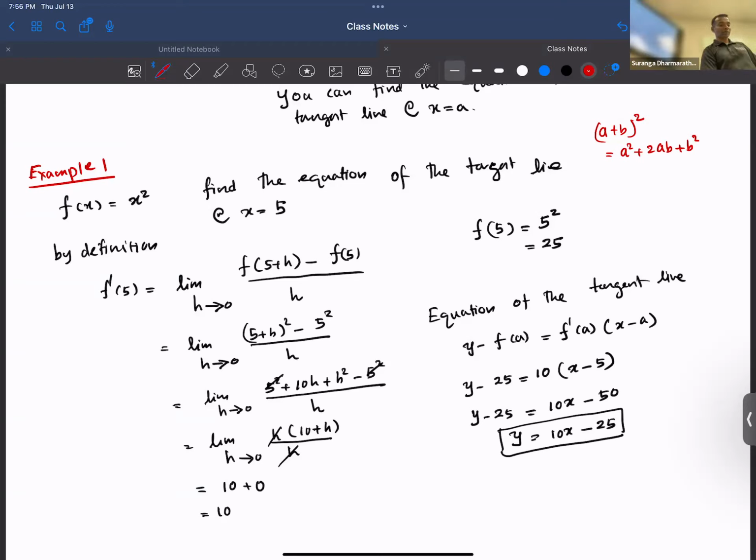So if you do 5 plus h times 5 plus h, you get 5 squared, plus 2 times 5h, that is 10h, plus h squared. Perfect. Thank you. Make sense? Any other questions? Good. Let's move on.